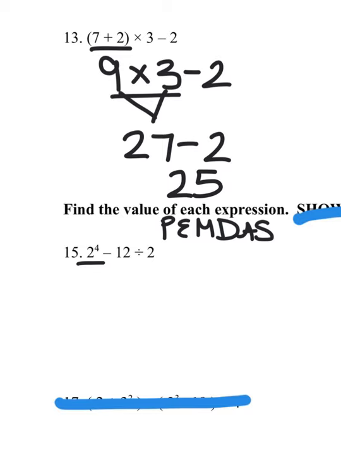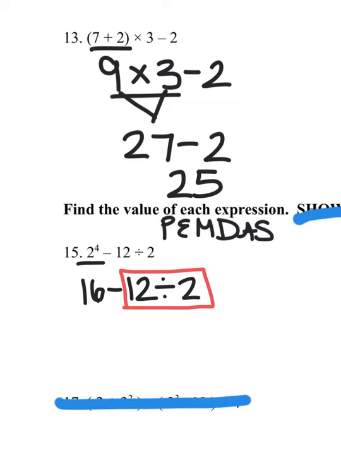When you multiply that out, that gives us 16. I'm going to bring down the rest of my equation. We already did exponents. I don't have multiplication, but I do have division, which is going to be right here. So I'm going to go ahead and do that. So 12 divided by 2 gives us 6. Bring down the rest of my equation. No addition, but we do have subtraction, so I'm going to do that. That gives us an answer of 10.